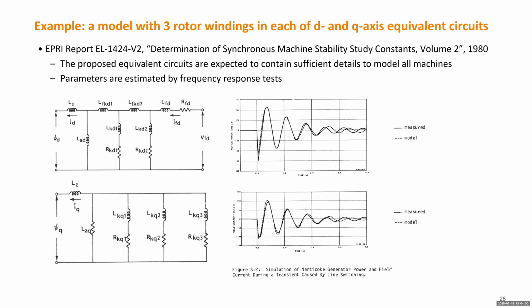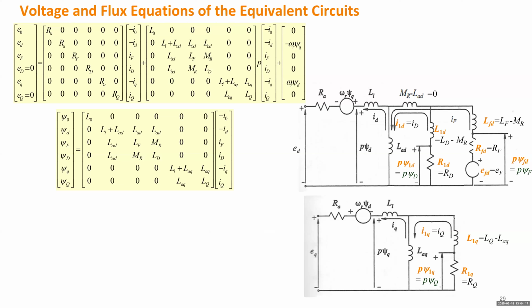Okay, so if you give every inductance or resistance a value, this circuit will have 3 branches for the D axis for the rotor and 3 branches for the Q axis for the rotor. All right, so now we use those 2 equivalent circuits with new notations for the inductance or resistance of each branch.